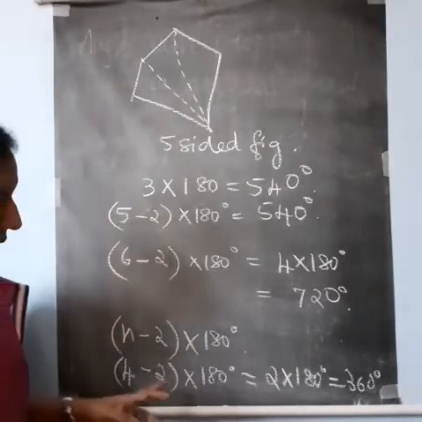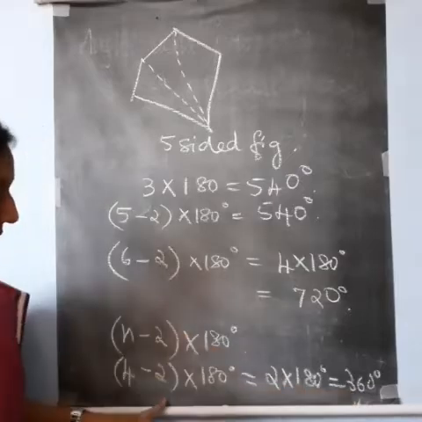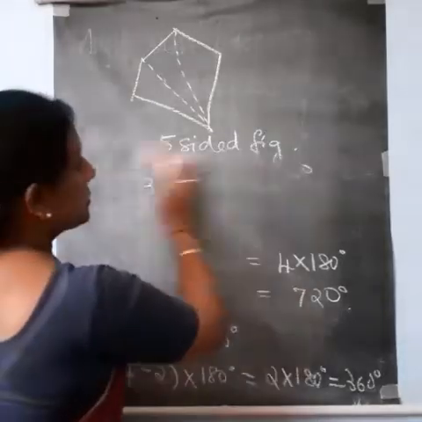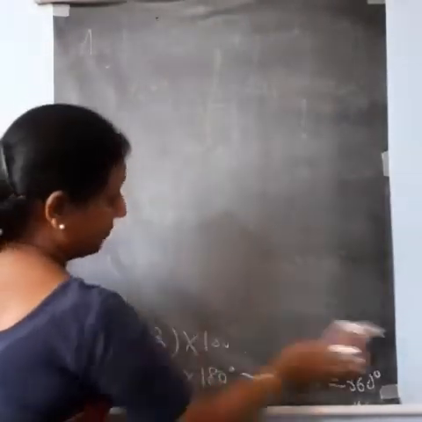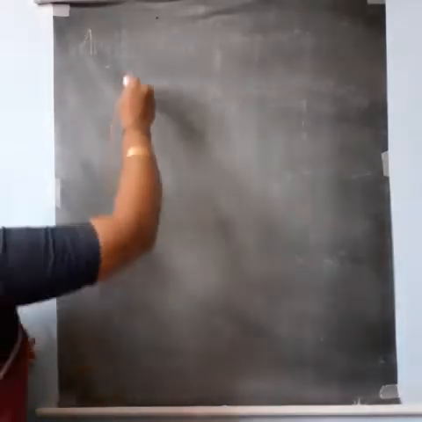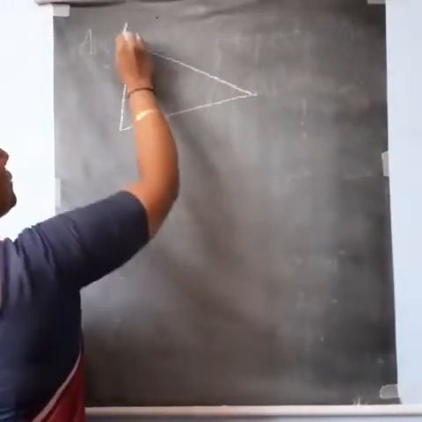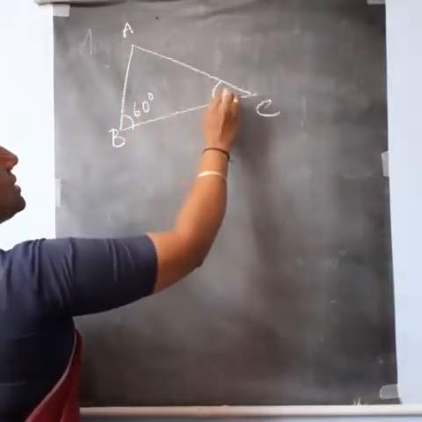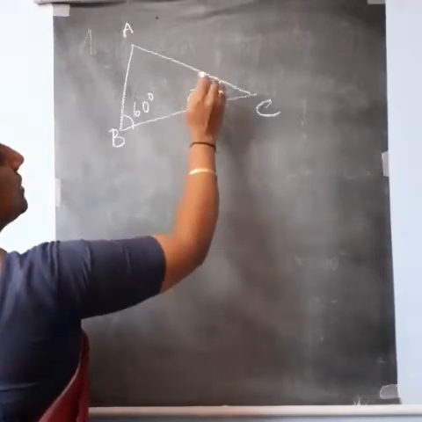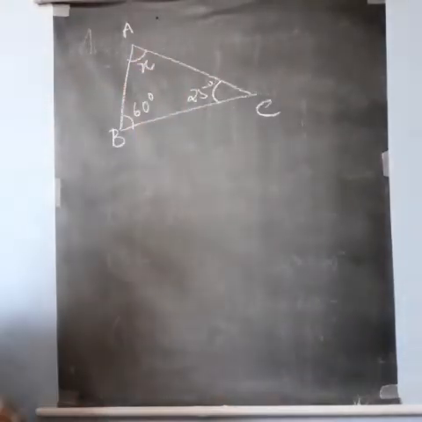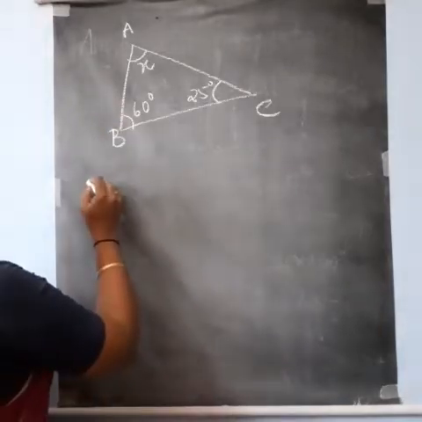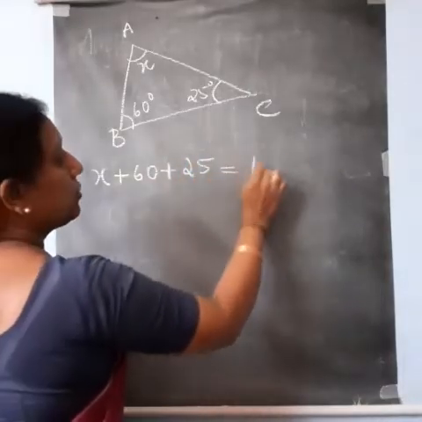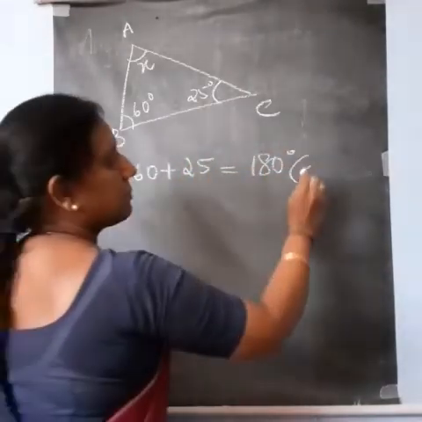Now let us see how we can apply this angle sum property to find the unknown angles. Okay, now supposing we have a three-sided figure, that is a triangle, right? If we have a triangle, just say these type of sums you would have done earlier, A, B, C. Supposing this angle was 60 degrees and this angle was 25 degrees. What will this angle A equal to? How will you find? By angle sum property, you get x plus 60 plus 25 is equal to 180.